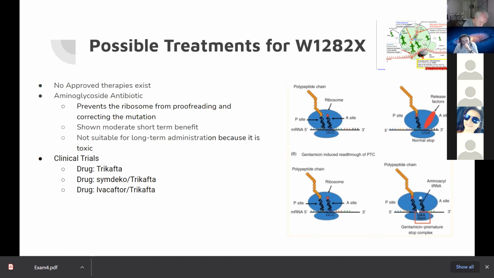So in this case, at least it will not read the stop codon.